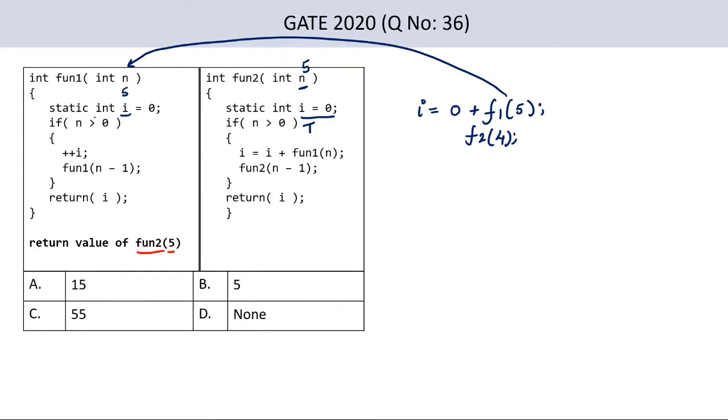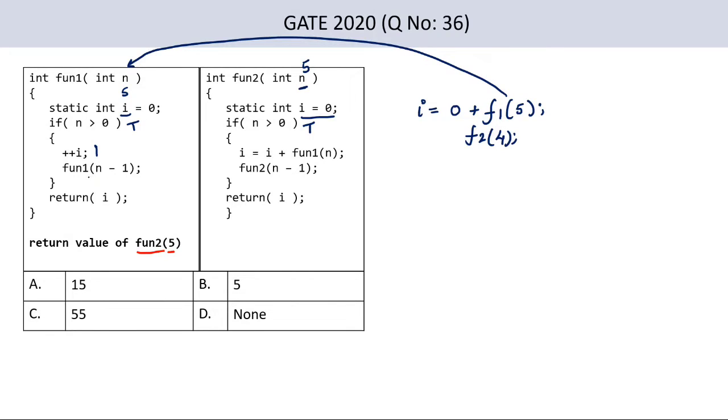So the condition remains the same for both. Now is n greater than 0? Yes, absolutely, because n is 5. True. It will move inside and increment the value of i. The current value of i was 0, so it will become 1. Fine, so I'm making it 1. And now you are calling function 1 inside the function. So this is recursion: you are calling a function inside a function.